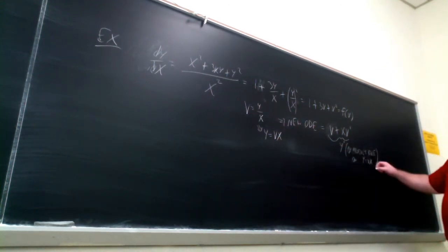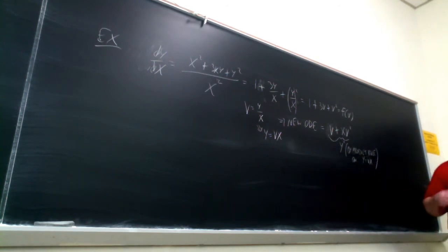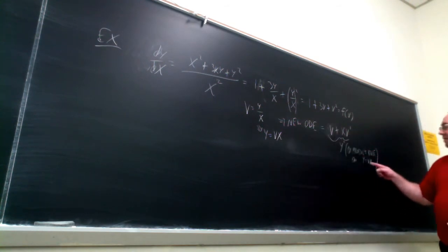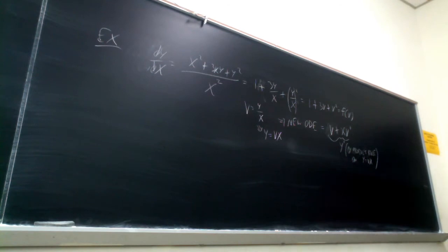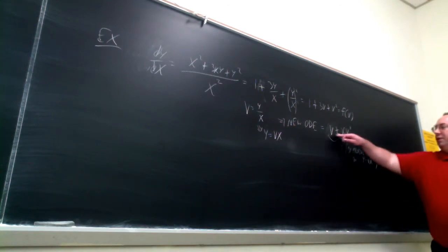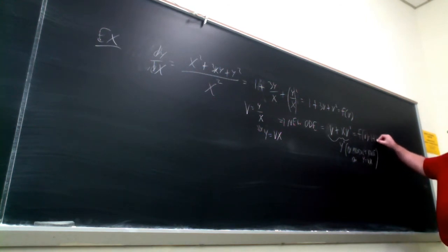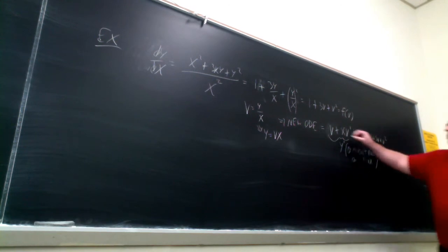So if you remember at least the change of variable that's being made, that would give you this, and you have the left side that way. So now my new ODE is v plus x v prime is equal to f of v, which in this case is 1 plus 3v plus v squared.